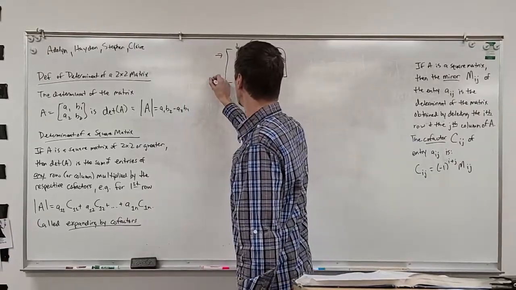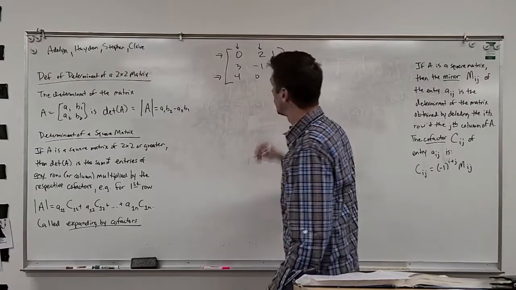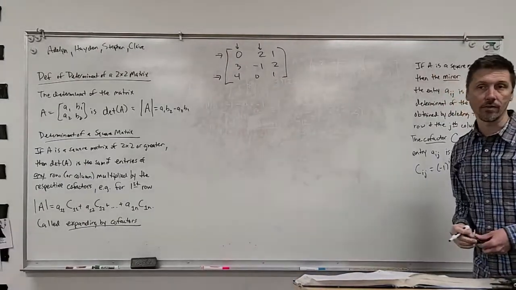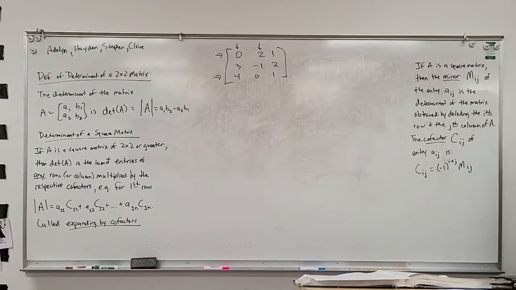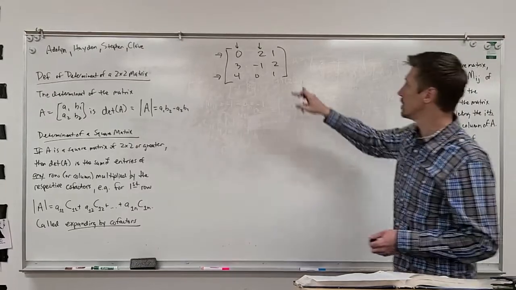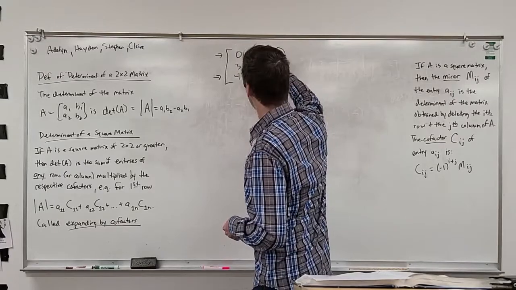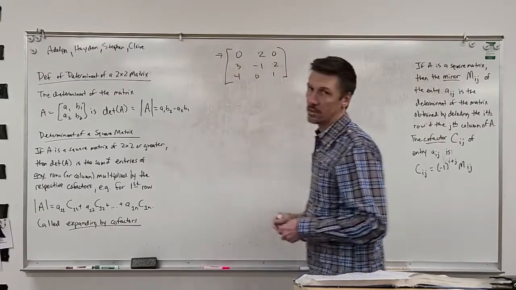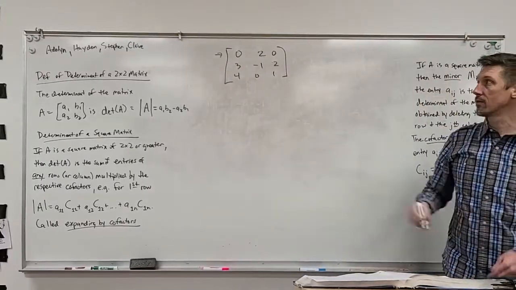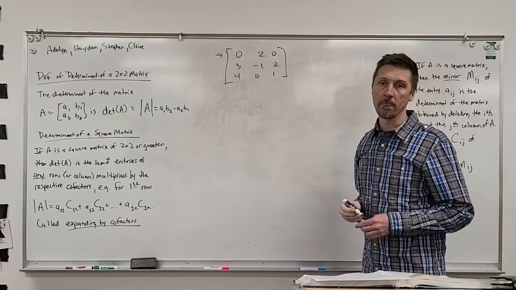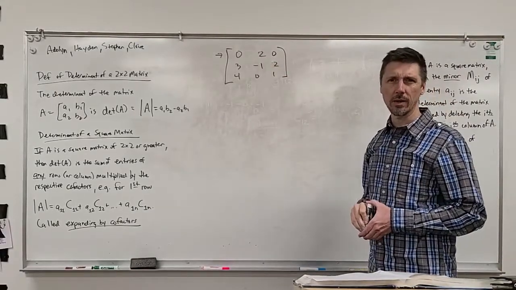Or you could use this row or this column, because it's got a 0 in it. If you happen to have a row or a column that's got 2 zeros, that's the one you should pick, right? If this was a 0 right here, then this would be the column that we definitely want to use to get the determinant, because you only really have to focus on one term there. Does that make sense to everybody?